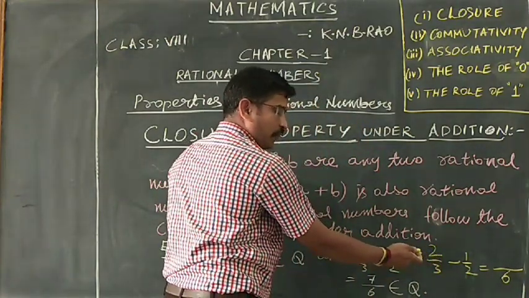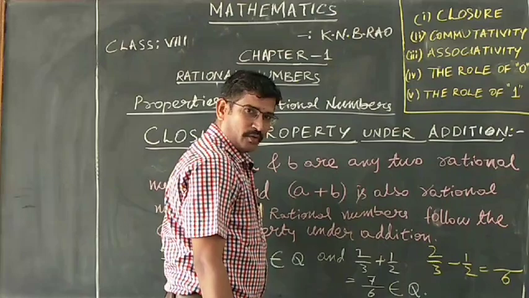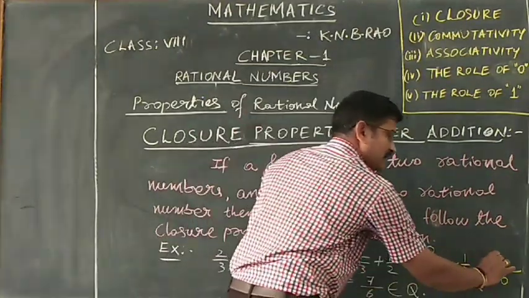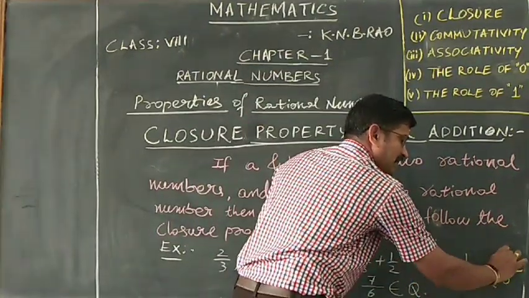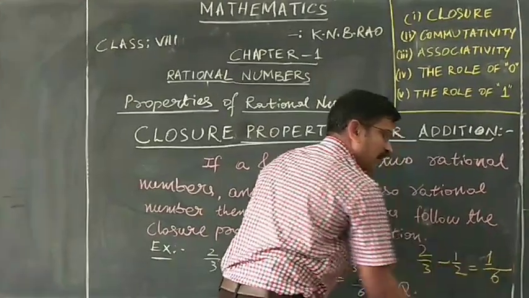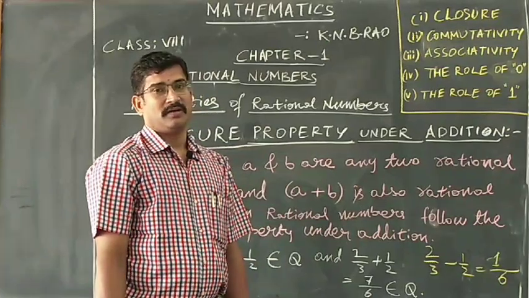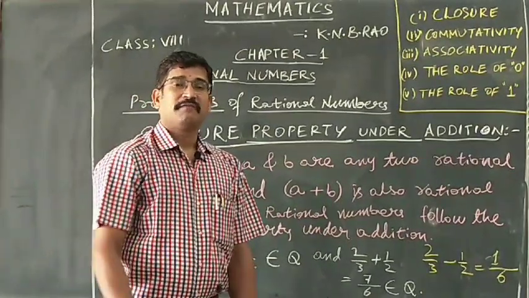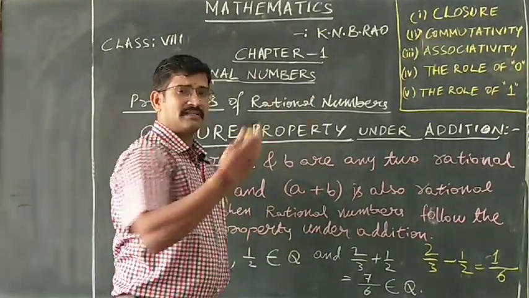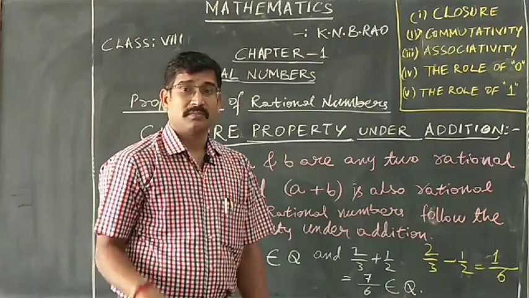So, 4 minus 3 is 1, it is 1 by 6. 1 by 6 is again a rational number. So, the difference of any two rational numbers.